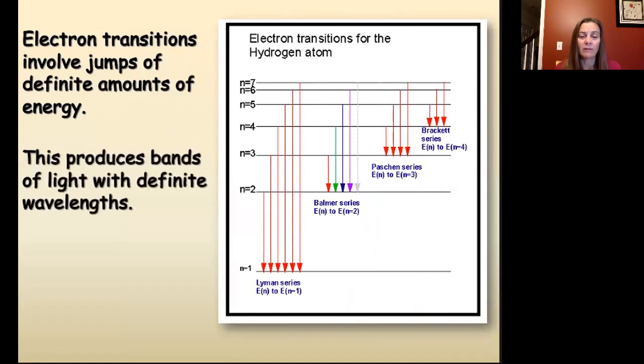And those definite wavelengths tell us about the energy changes between the levels in which the electron is allowed to exist. So these definite wavelengths correspond to frequencies, correspond to energies, and those energies tell us what the energy levels of the atom are.